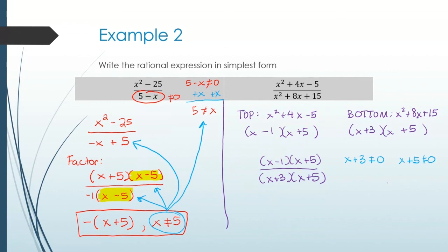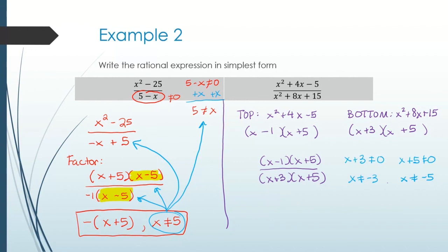So for x plus 3, -3 plus 3 is 0, so that means x cannot equal -3. And then for x plus 5, -5 plus 5 is 0, so that means x cannot equal -5. So for the original expression, we've got two numbers we're not allowed to have, or they make the denominator 0.